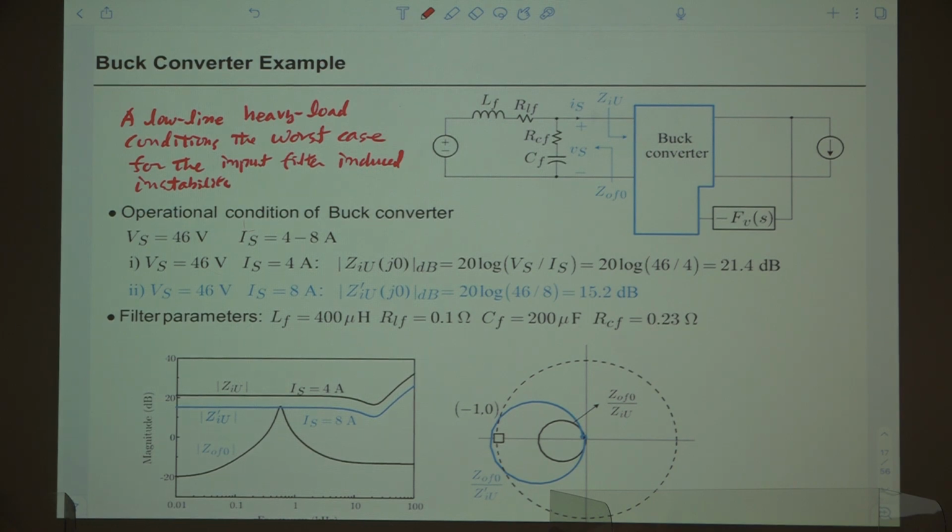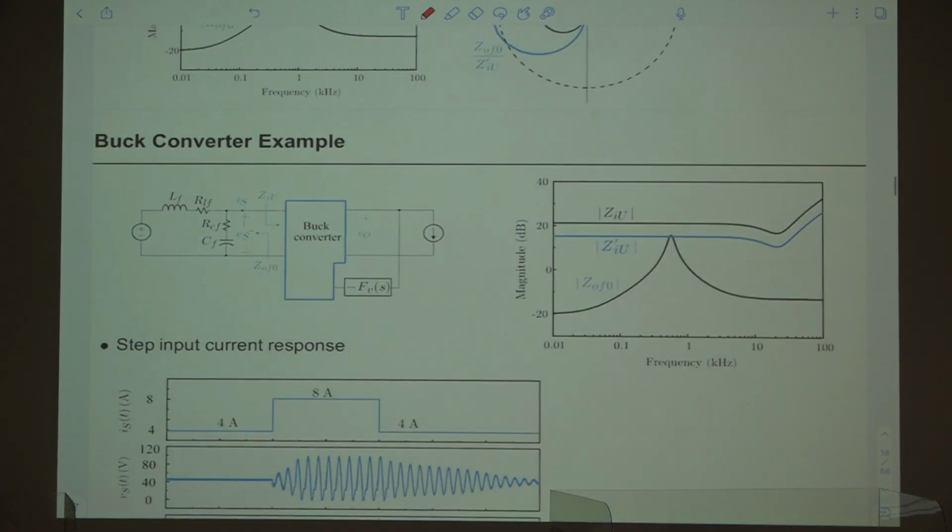I saw many students and many engineers just making this mistake. Let me show the simulation of this scenario.